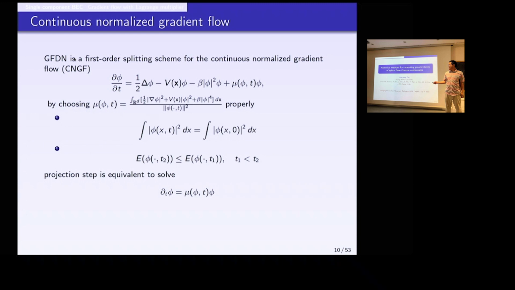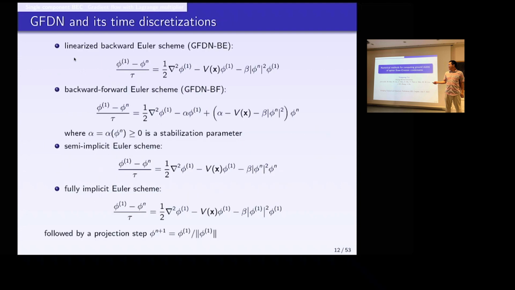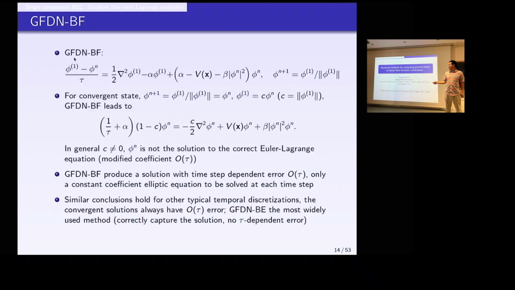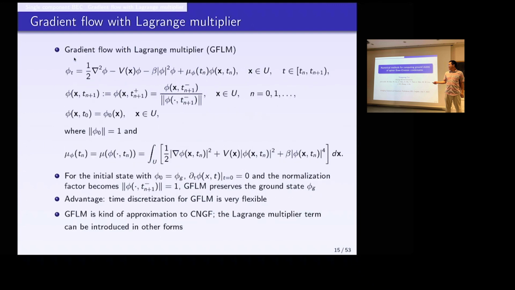It looks like the constraint is not rigorously satisfied, right? Especially in the initial stage. You mean the spinor constraint?